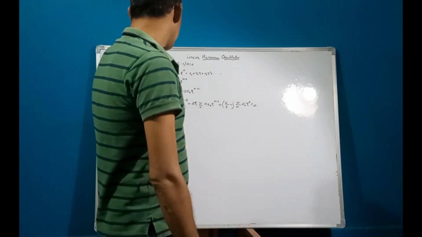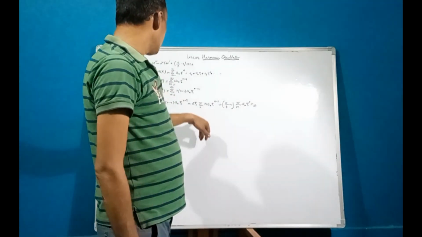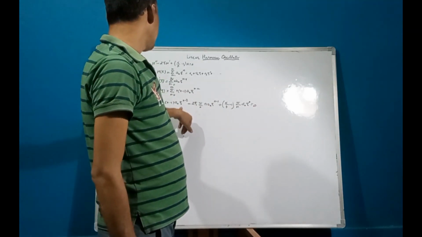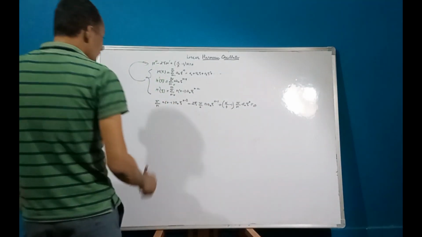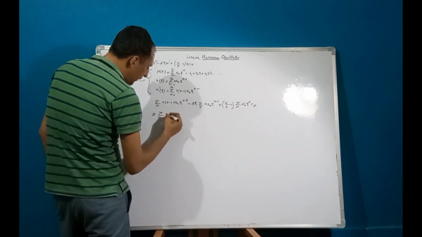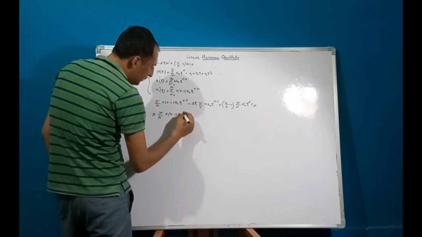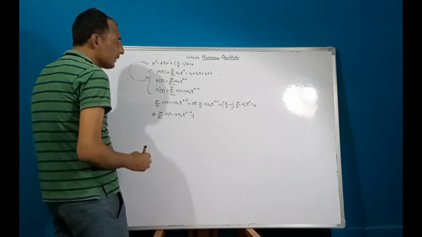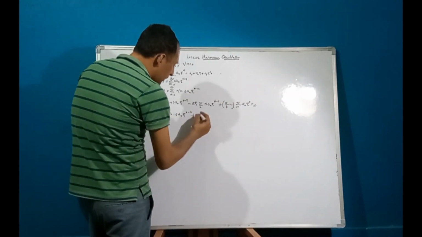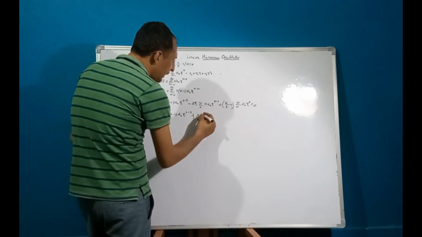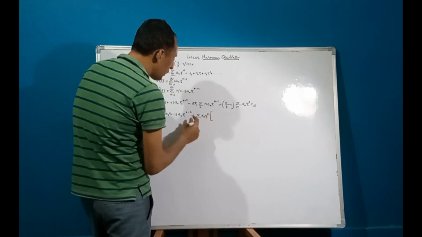So now look at the powers of these terms. Here the power is xi to the power n, and here the power is xi to the power n, but at this place you get xi to the power n minus 2. So what we are going to do is write this equation as summation running over n of n times n minus 1 a n xi to the power n minus 2, and then we are going to take the remaining terms with a summation running over n and a n xi to the power n as common, and see what we get from here.